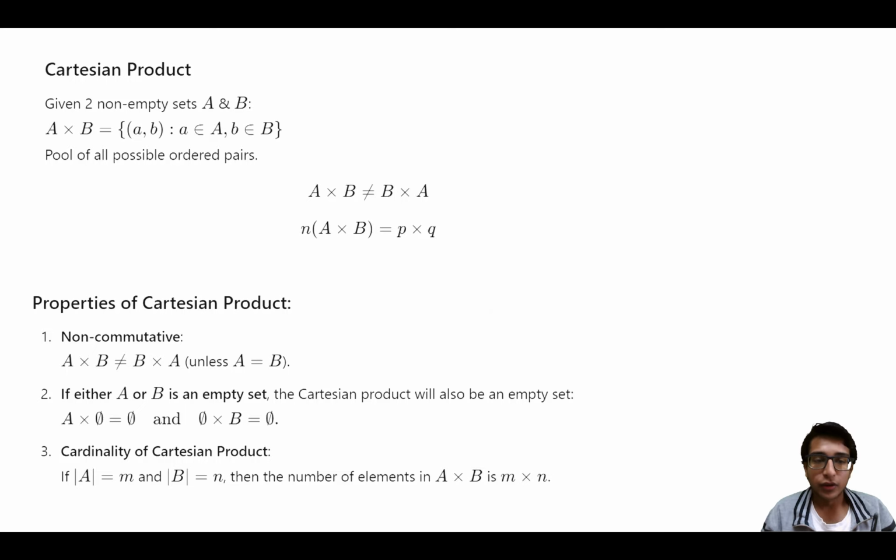Now a few properties of Cartesian product. Given two non-empty sets A and B, A cross B is the pool of all possible ordered pairs. Of course, each and every element has been mapped.